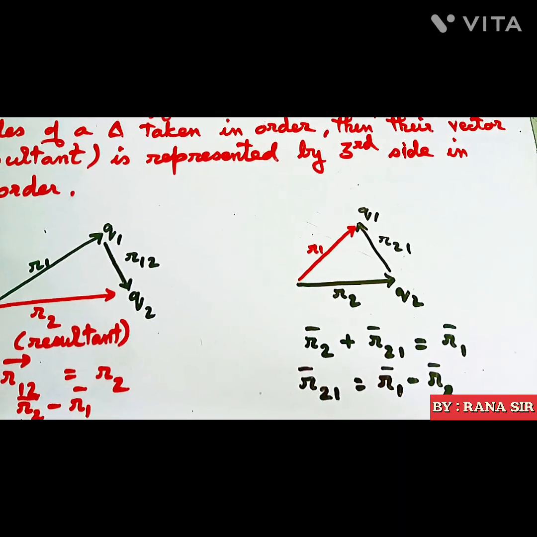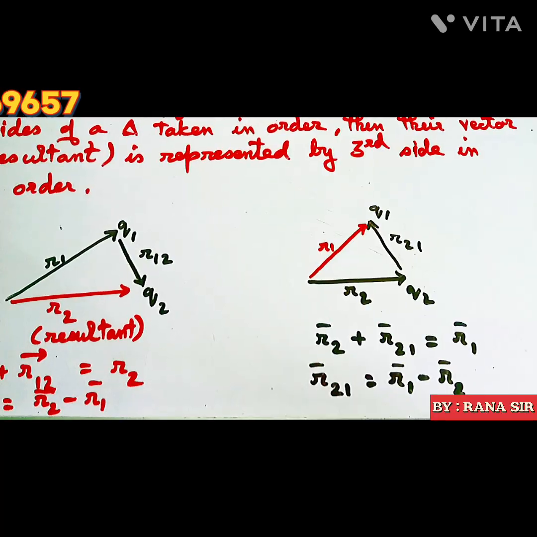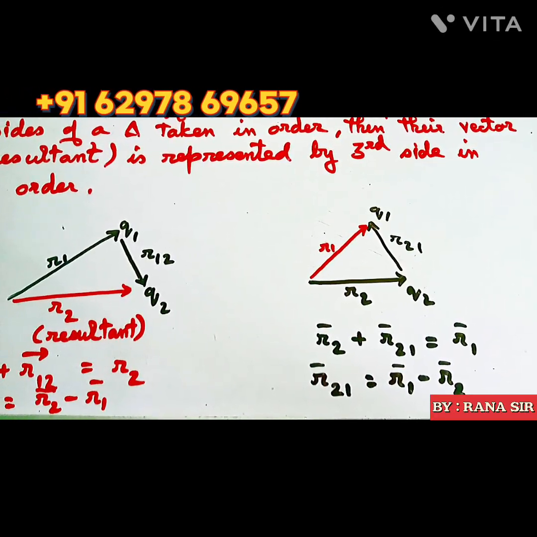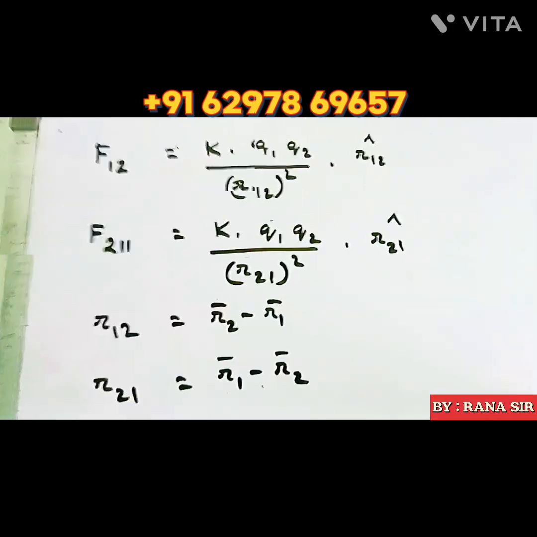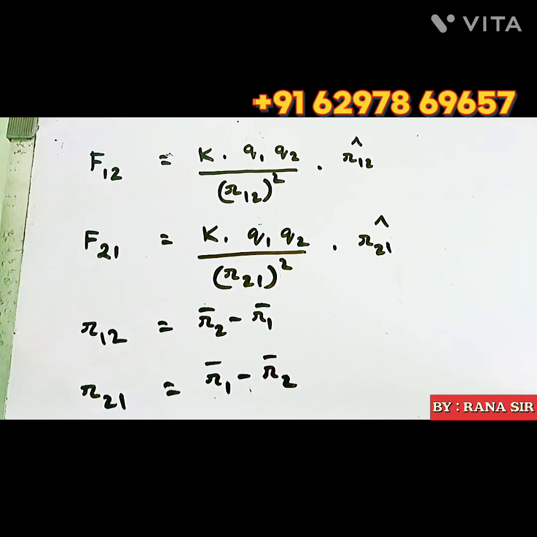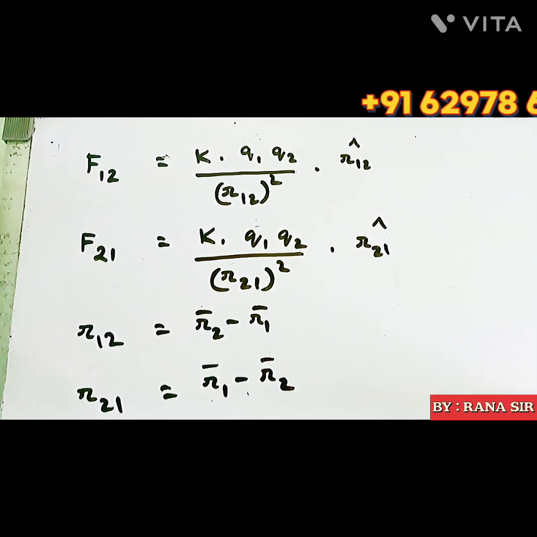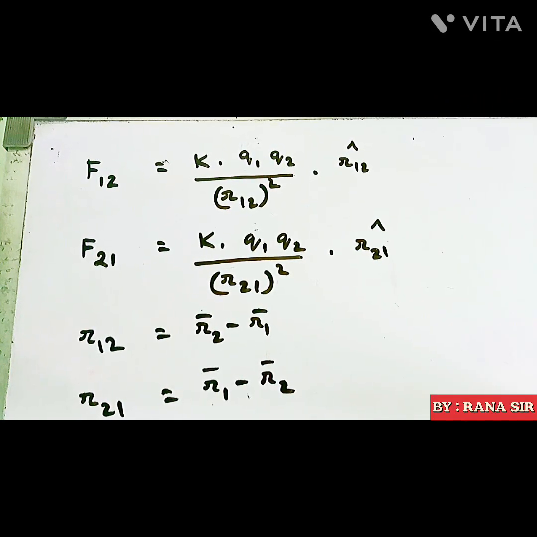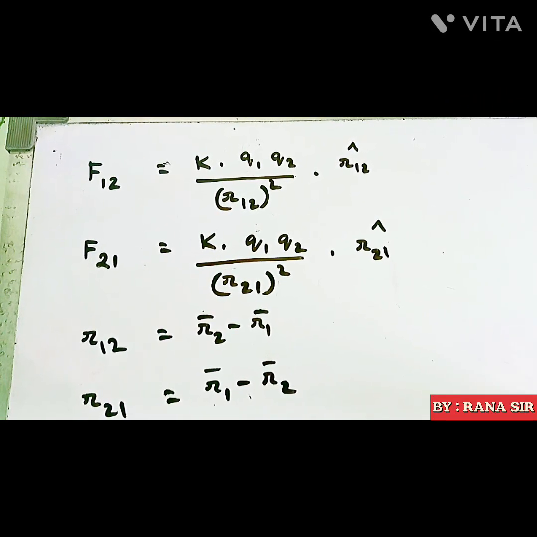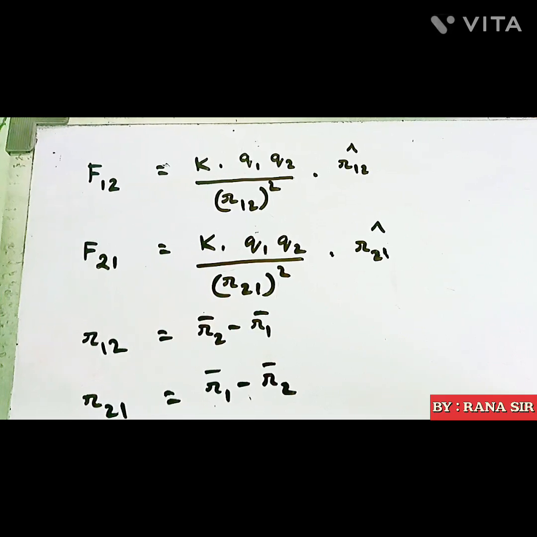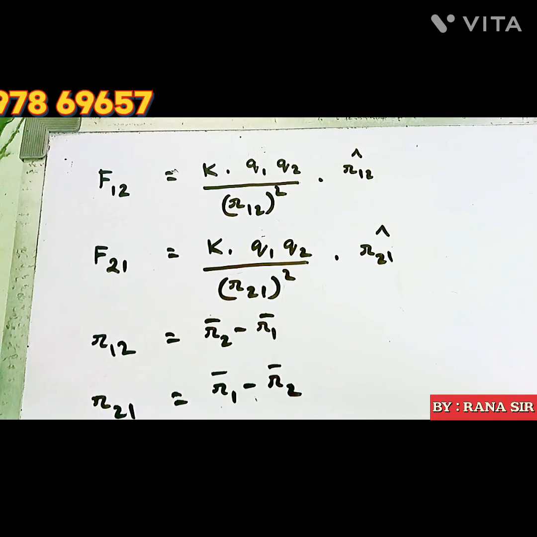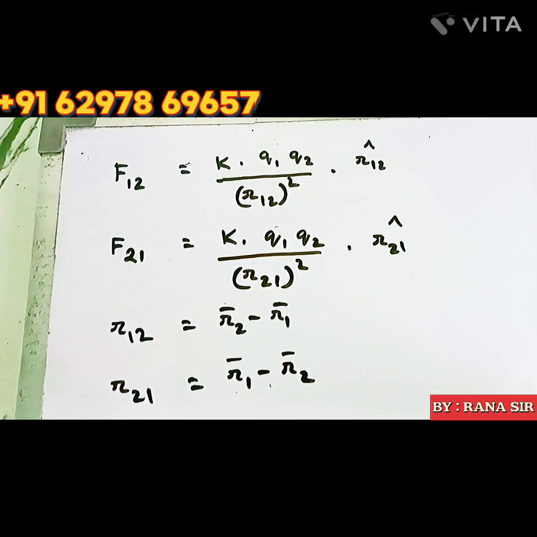So let us write down all the four vectors which we have derived at one shot. F12 is K into Q1 Q2 by r12 whole square into unit vector r12, and F21 equals K Q1 Q2 by r21 whole square into unit vector r21.